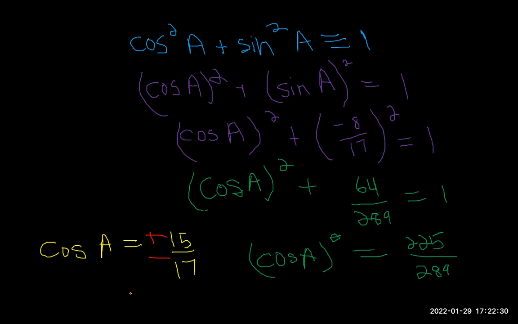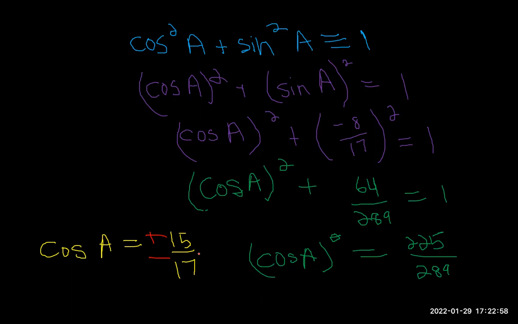When doing questions like these, you have to pay attention to which sign you choose. Both of these signs are not valid. It can't be plus or minus 15 on 17. And you might be wondering why. If you look back to the beginning of the question, this is where the range comes in.